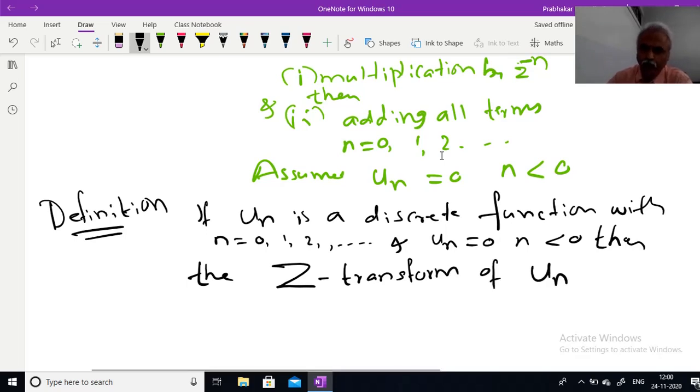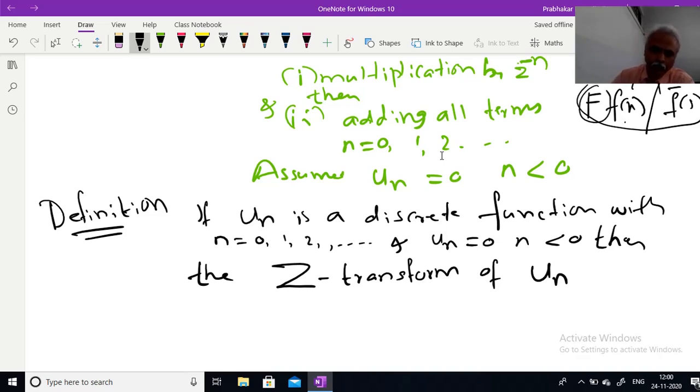function. In Fourier transform, what is to do? Fourier transform of x function, convert into f bar s. Now what we are doing, n function to z function. Instead of Fourier transform, z transform. Like that there are many transformations: Laplace, Fourier, Hankel, wavelet transformations, many.